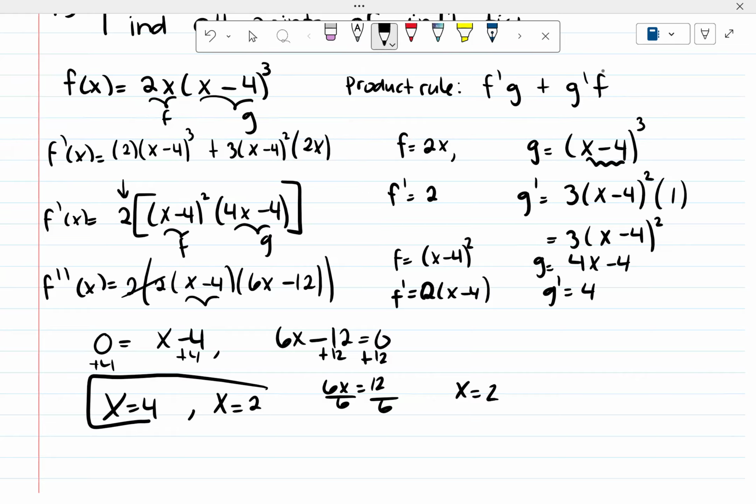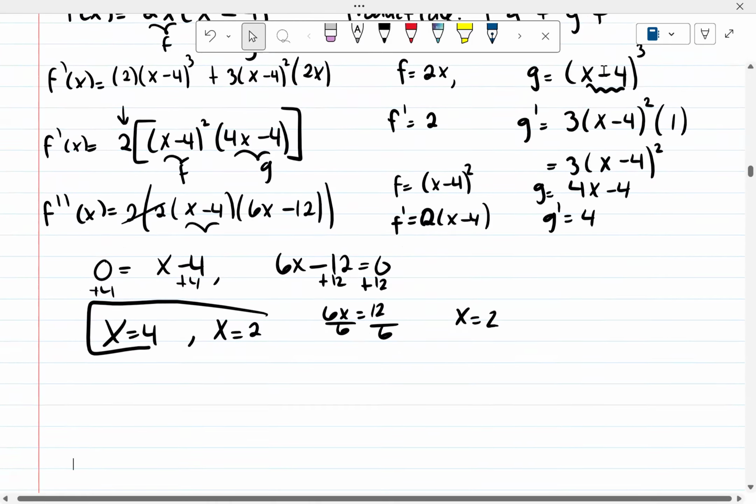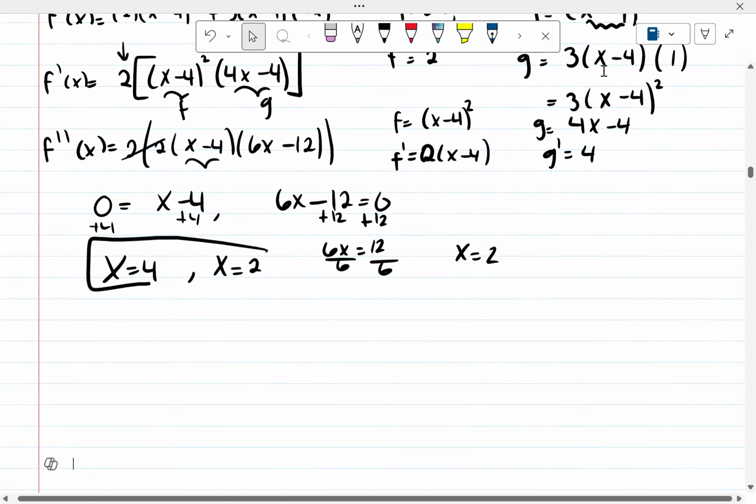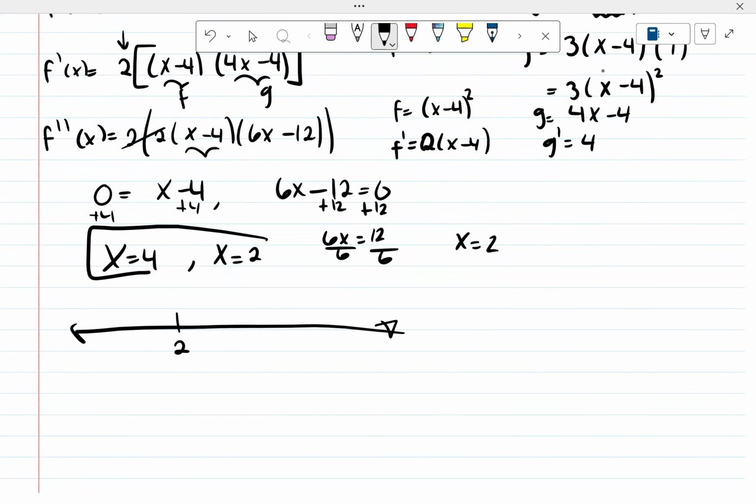So why did I say you have x equals 4 and x equals 2? I kind of did this ahead, but basically if you put it in the number line, and then you put it in your f double prime, it doesn't matter whether it goes positive, then minus, and then plus.